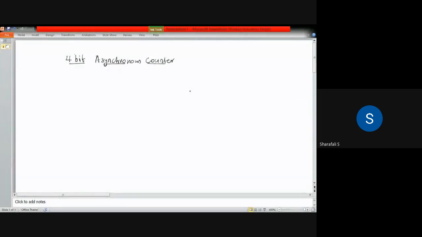Okay, so in this 4-bit asynchronous counter, how many flip-flops we need? We need 4 flip-flops, because one flip-flop can store 1 bit of data.